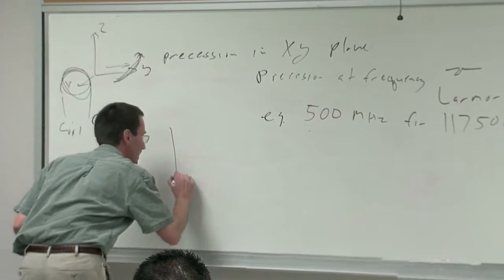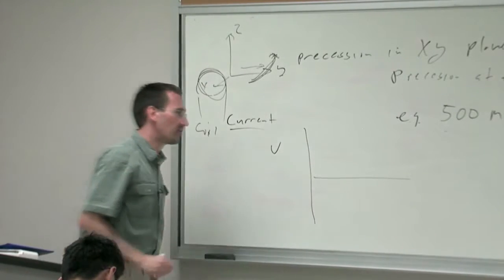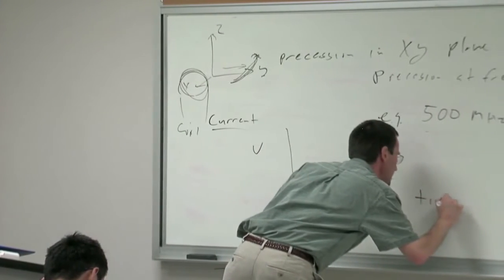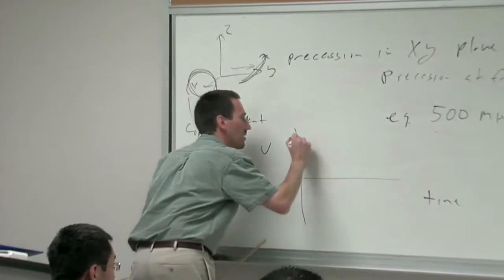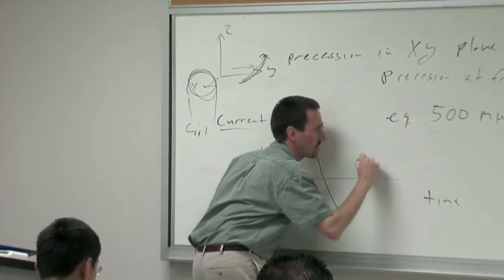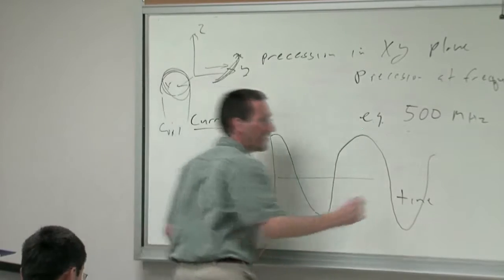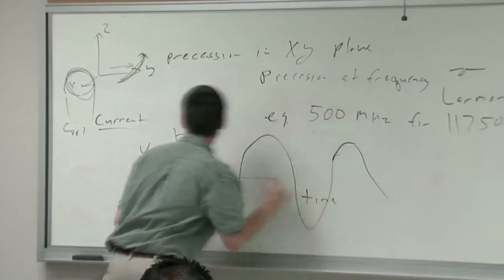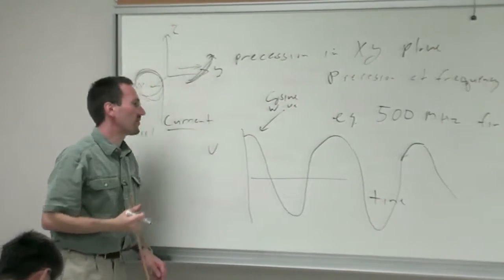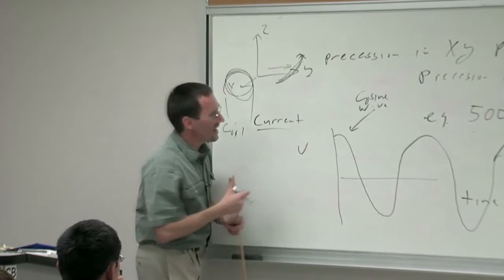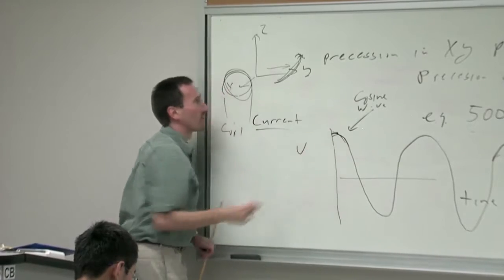And so the current looks something like this. On the x-axis, I'm going to plot voltage, and on the y-axis, I'm going to plot time. An AC current is simply the voltage oscillating in a sinusoidal fashion. So we get this cosine wave, and it goes on. You can call it a sine wave if you want. Technically, I guess I should be at the peak of my wave right here.